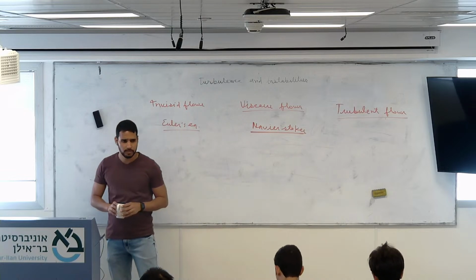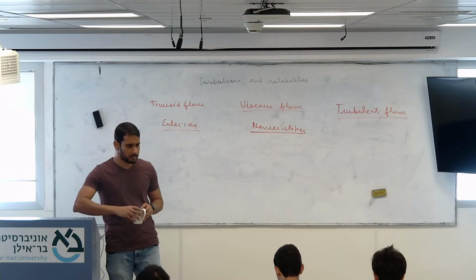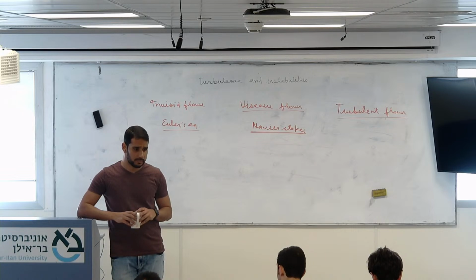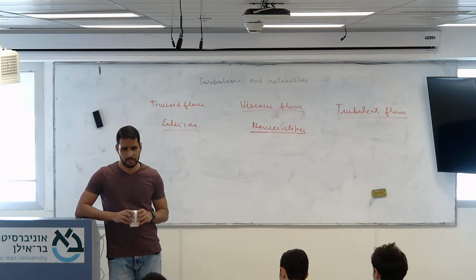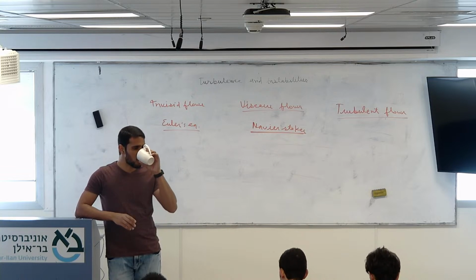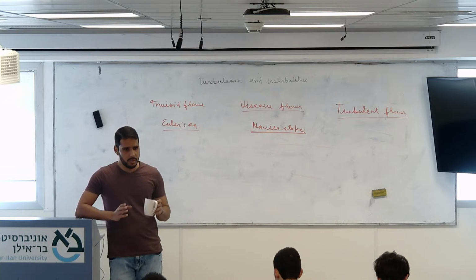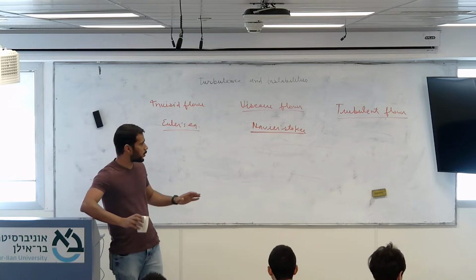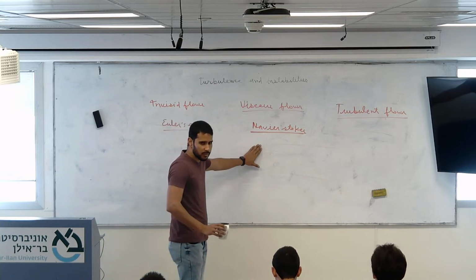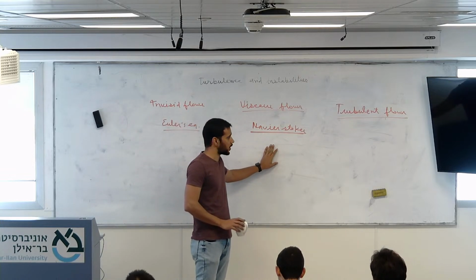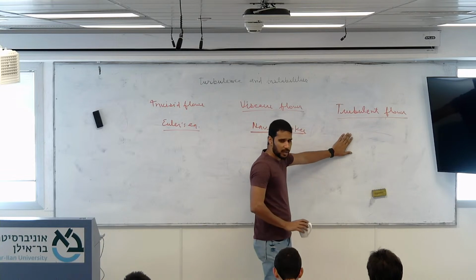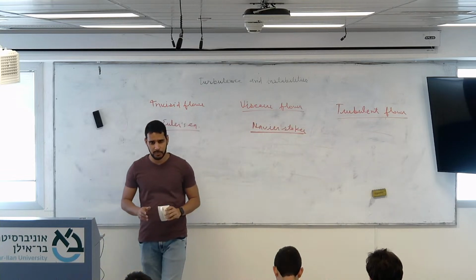The curl of the velocity can change in time. What is different? From here to here, what was different? These flows don't have viscosity. Here they had viscosity. Some dissipation was there. This is another kind of dissipation. What exactly changes?